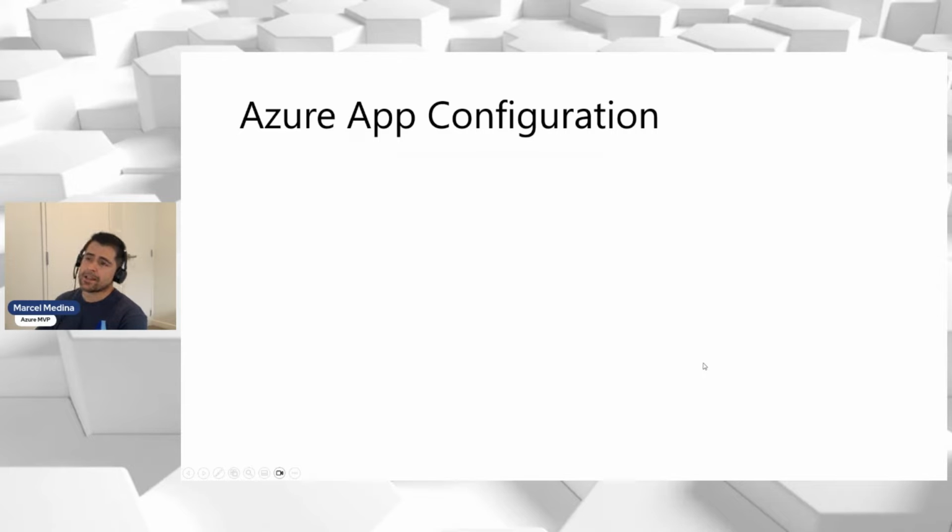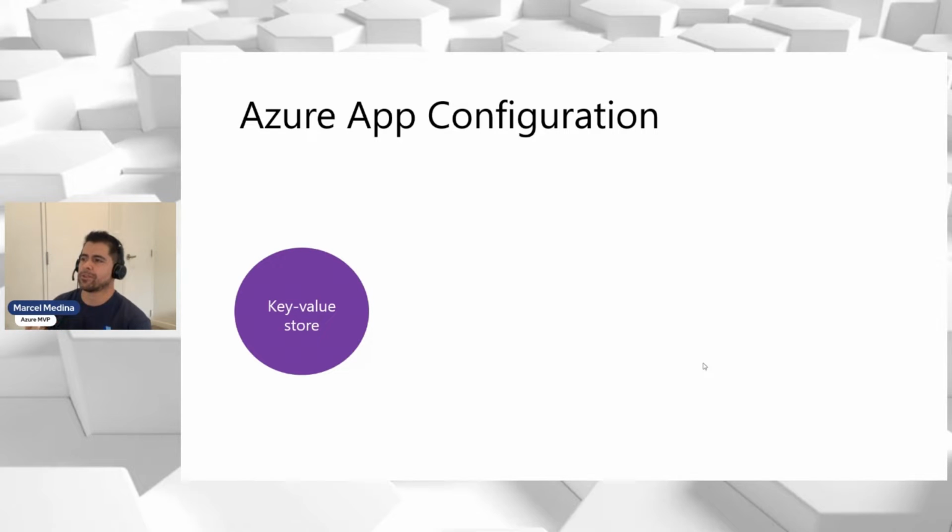And on Azure App Configuration itself, what is it? It's a service within Azure that is basically a key-value store. It allows you to put key-value pairs for configurations and for flags, and it also allows you to centrally manage application settings.